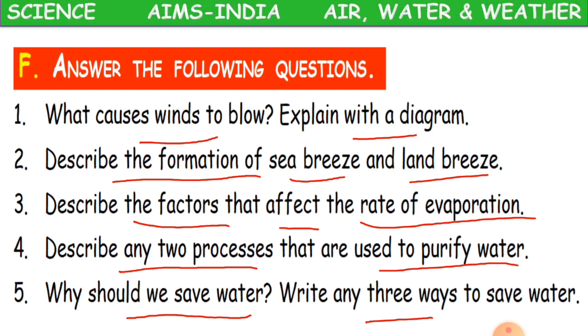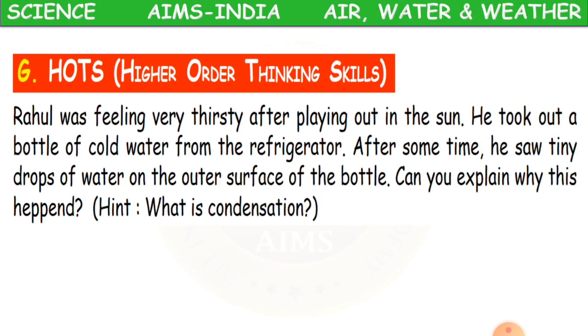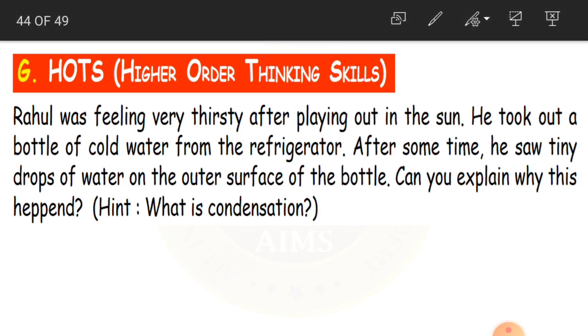Clear, children? Okay, now the next exercise is higher order thinking skills. Here we have a brief information. Let us read it. Rahul was feeling very thirsty after playing out in the sun. He took out a bottle of cold water from the refrigerator.